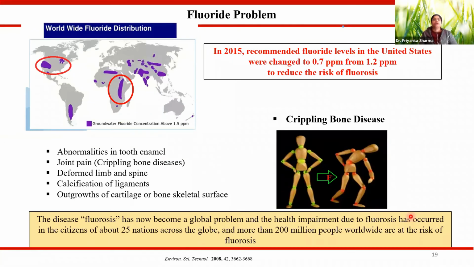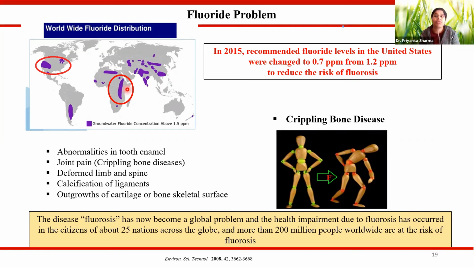Then we moved from China to Africa, and we found that in Africa, or the whole world, is facing the fluoride problem also. The reason to work on this fluoride problem is that our institute is collaborating with the Turkana Basin Water Institute in Africa, and they sent us some water samples to test, and we found that in that water, the fluoride level was too high.